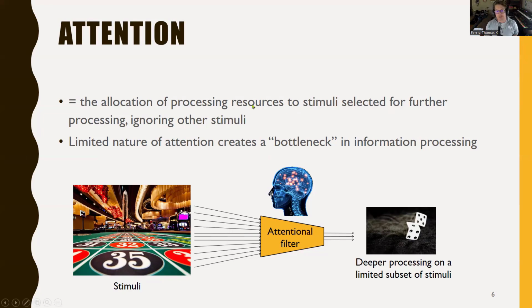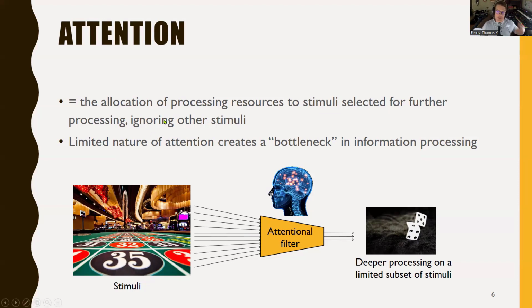So the allocation of processing resources, attention is responsible for saying you get 25% of working memory math task, and you get 30% of that driving the car task. So, hopefully you're not doing too many things at once, but this is attention's role, is basically divvying up that resource so that you can use cognitive space, cognitive functions towards whatever task you're trying to do.